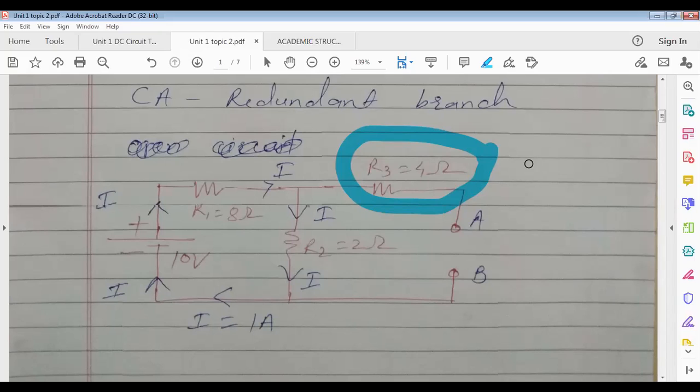Every voltmeter has its internal resistance. Ideal voltmeter resistance is infinite.